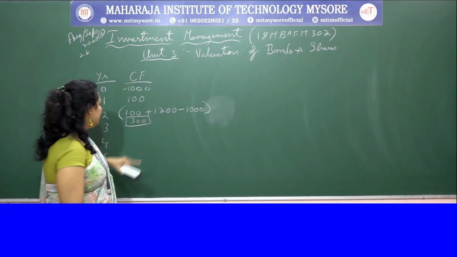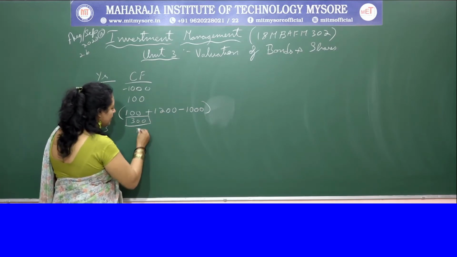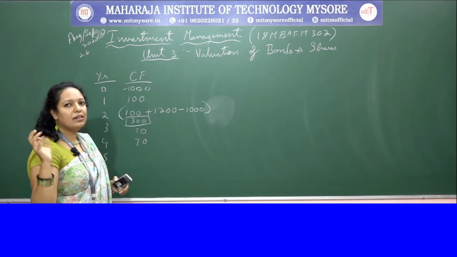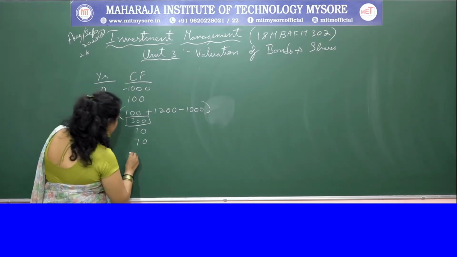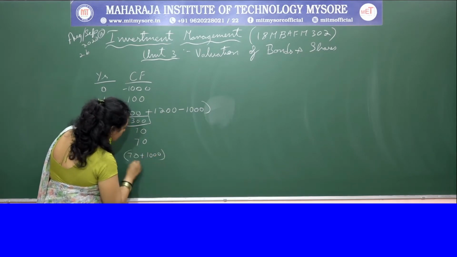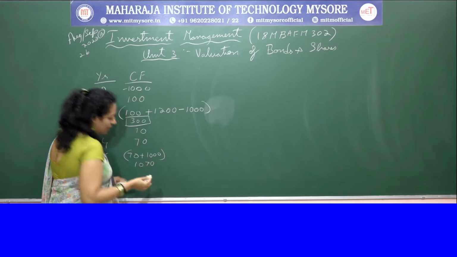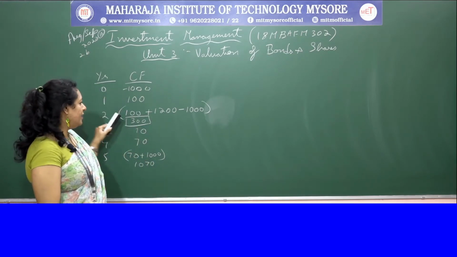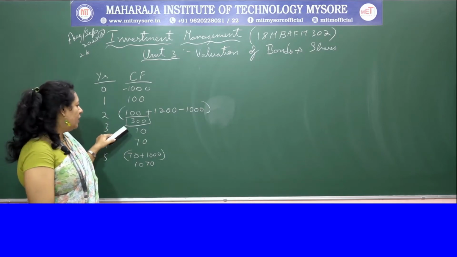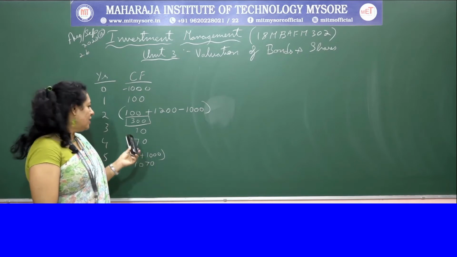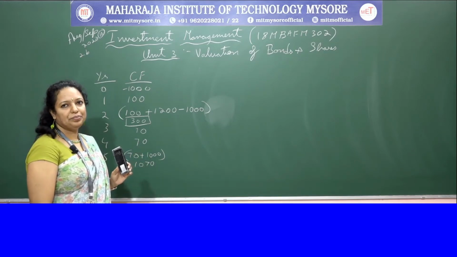On 1000, if you calculate 7%, you get 70. Fourth year also it is 70. Last year, the fifth year, along with that they get the face value, so it is 70 plus 1000, you get 1070. So this is the cash flow: first year 100, second year 300, third year 70, fourth year 70, last year 1070.